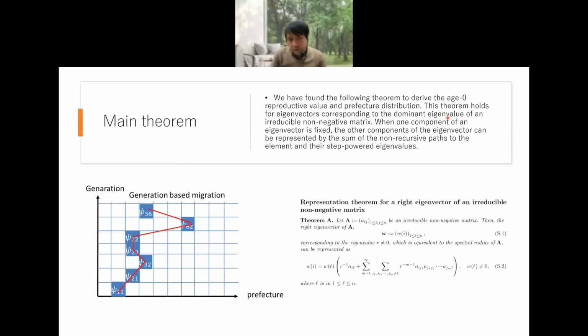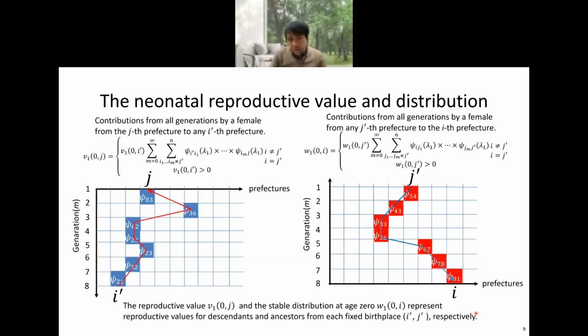When one component of an eigenvector is fixed, the other components of the eigenvector can be represented by the sum of the non-recursive paths to the element and their step-powered eigenvalues. And this is a solution for both left and right eigenvectors at age 0.